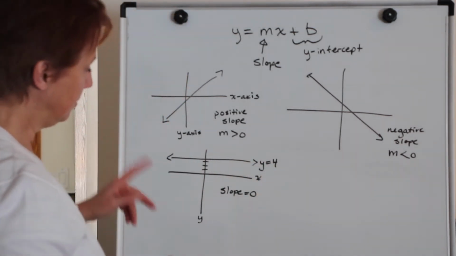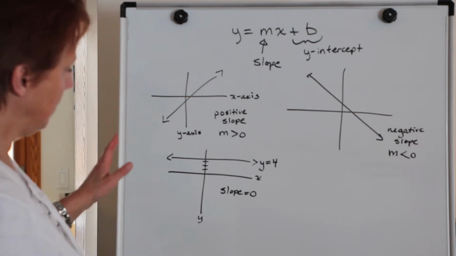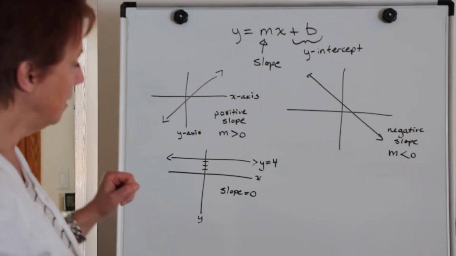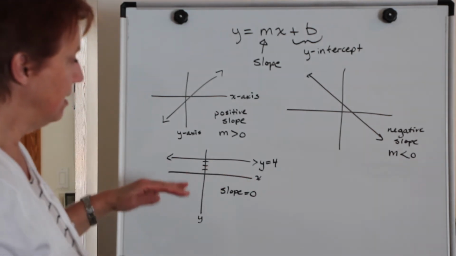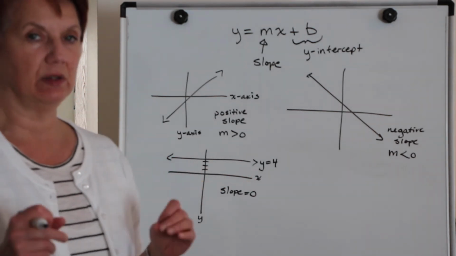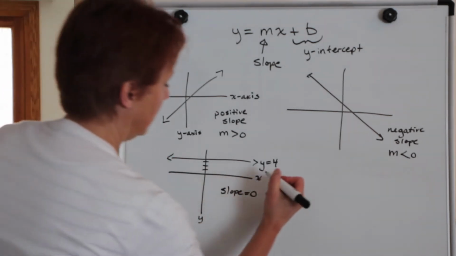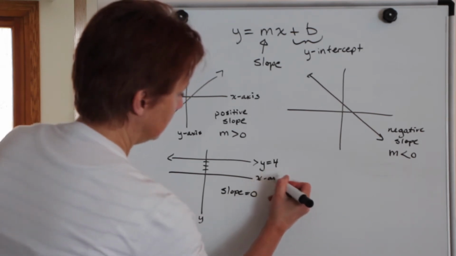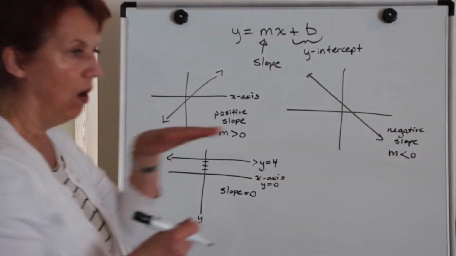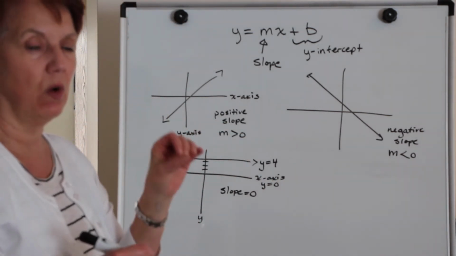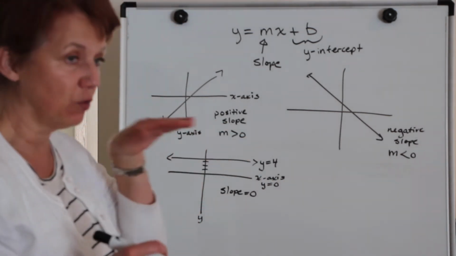Okay, and while we're on the subject of this, let's talk about what the equations of the axes are. So on the x-axis, all the y values are 0. So the equation of the x-axis is y equals 0. All horizontal lines have a y equals equation, okay, truly horizontal.